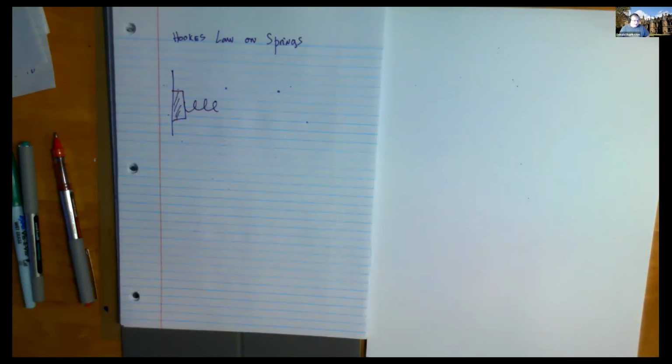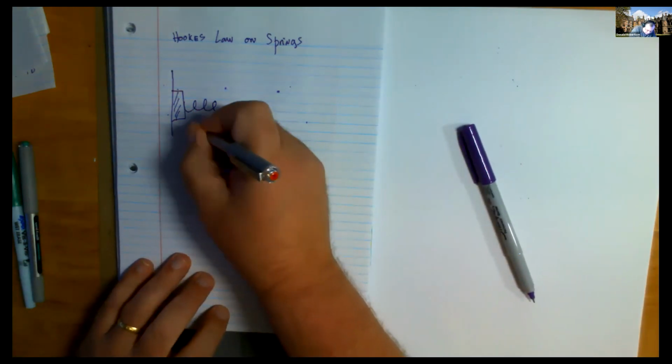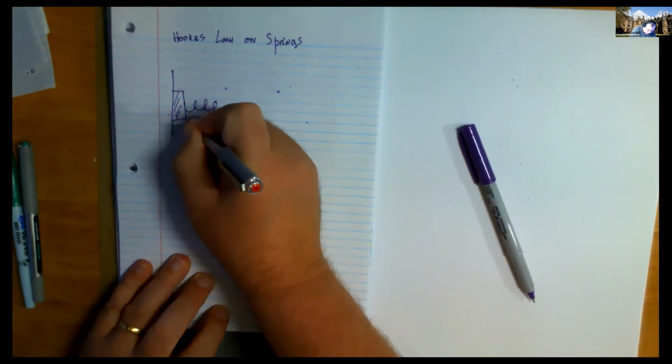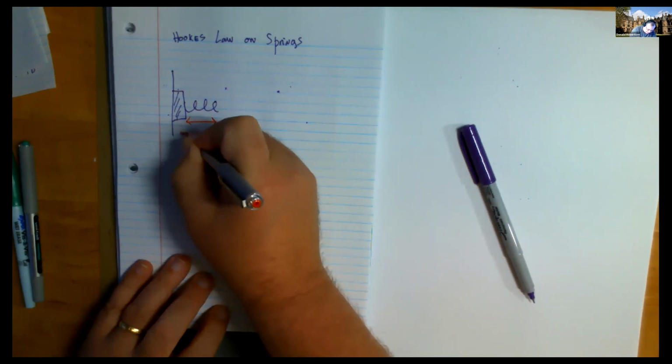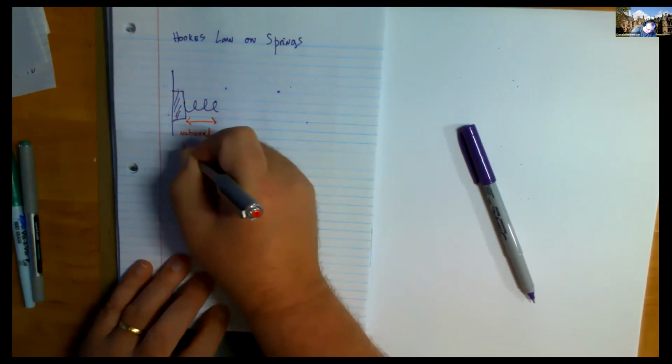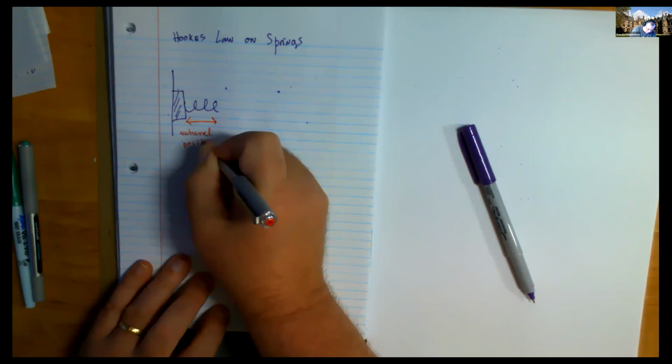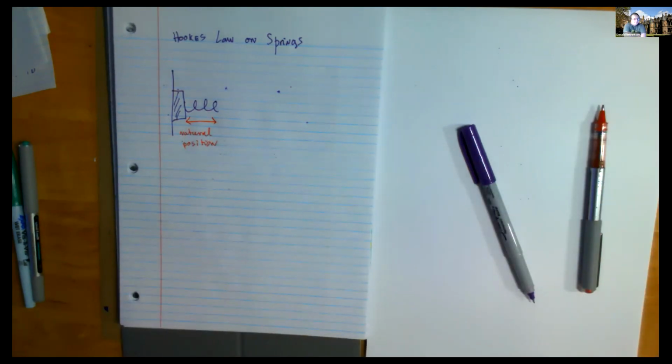Imagine we've got a spring. If you leave a spring alone, it's got a certain length. This is what's called its natural position. Now, if you take a spring and stretch it, you pull it, there's a force required to move it.